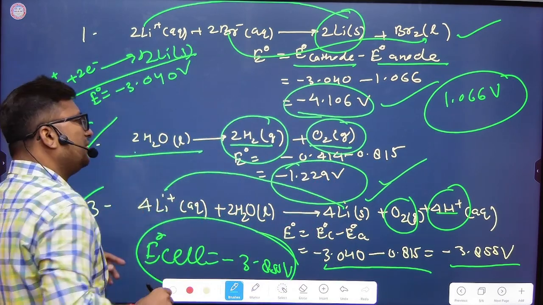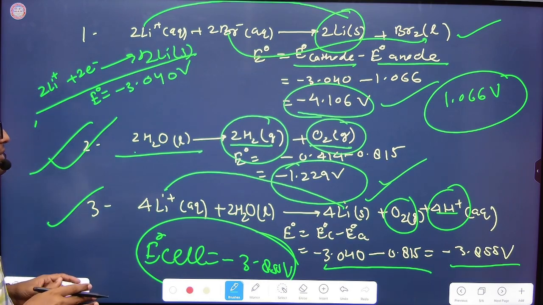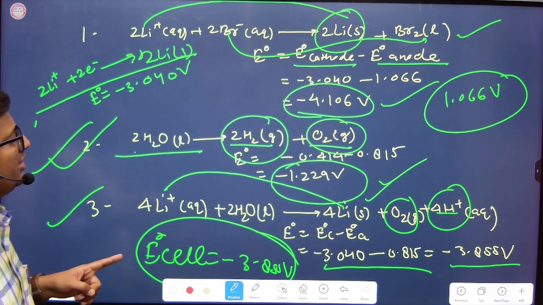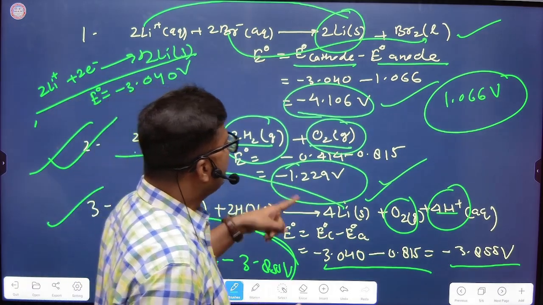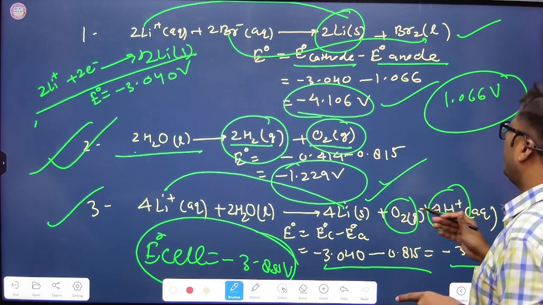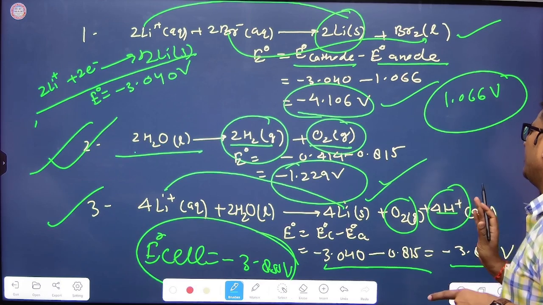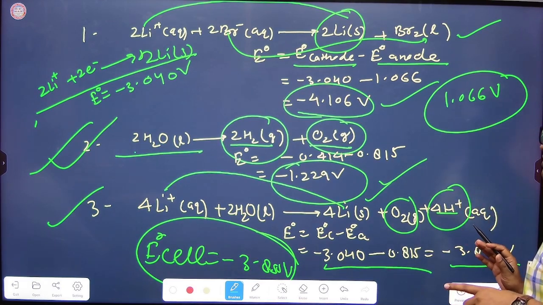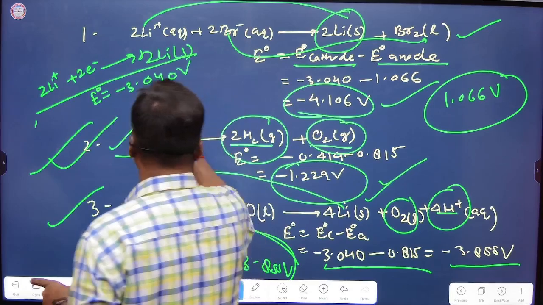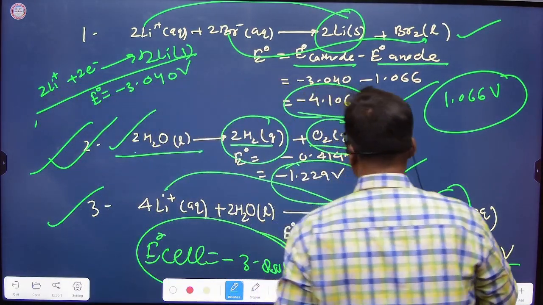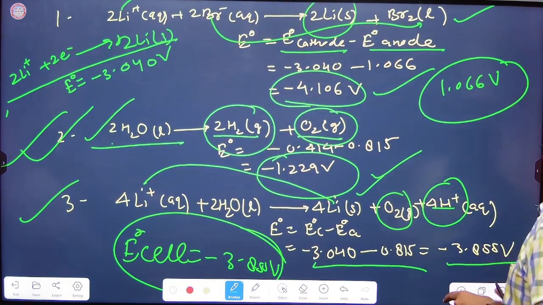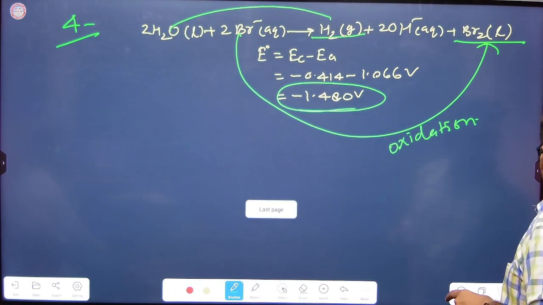So the most probable reaction to be successful in the electrolytic cell is the formation of hydrogen and oxygen gas, because it requires the lowest potential, that is minus 1.229 volt, and the rest of the reactions require a higher negative potential, so they are less significant. Such reactions are highly significant because they produce hydrogen and oxygen gas, right? So this is the case for the electrolytic reactions.